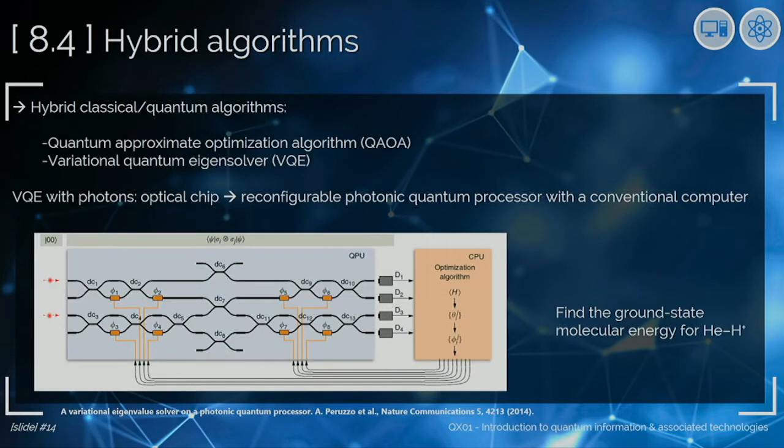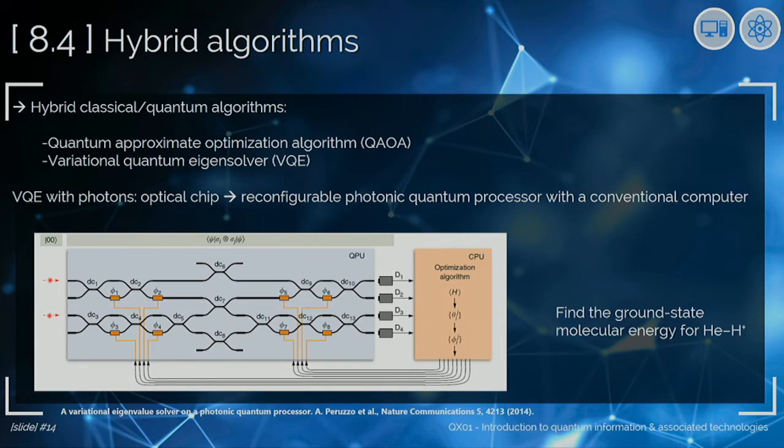I just want to say a quick word, before starting on our first quantum algorithm, on something that is in between. As of today, we do not have a universal quantum computer, so the idea is to see what we can do. One approach is to still use the power of quantum algorithms, but hybridize them with classical algorithms.